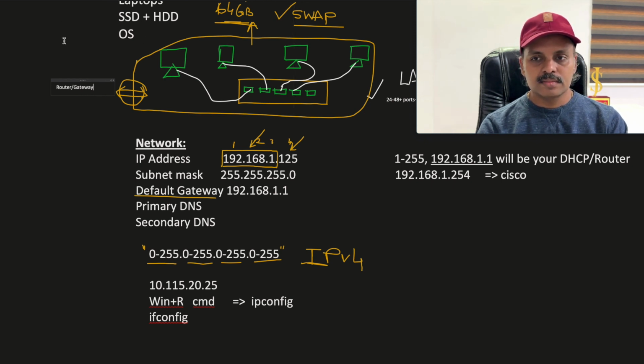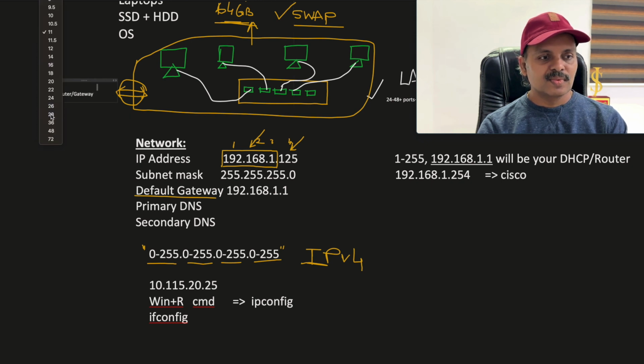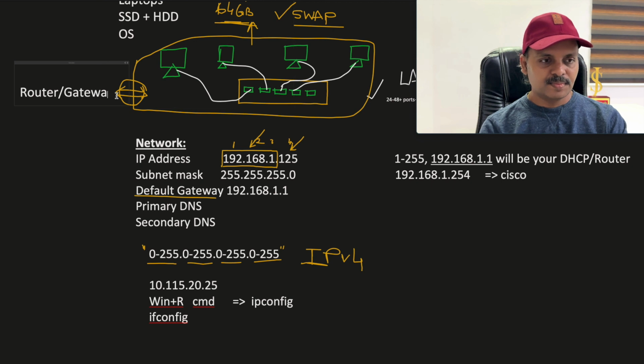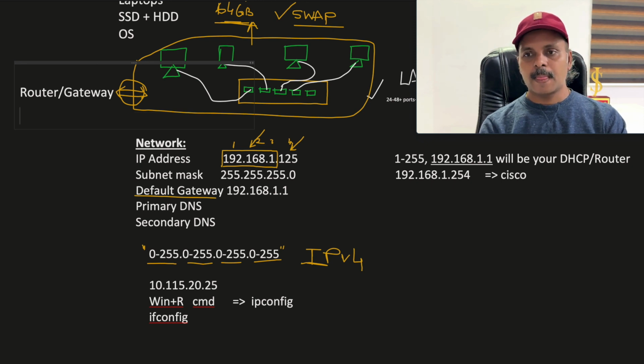Are we clear? So the gateway is the IP address and the router is the device.